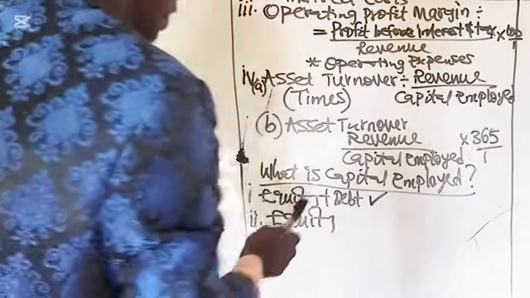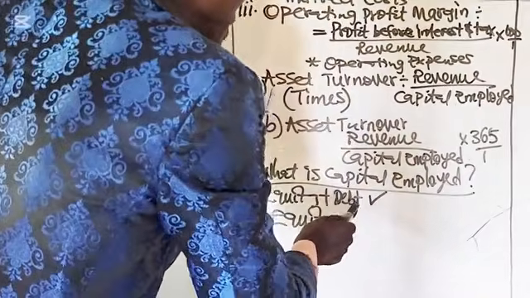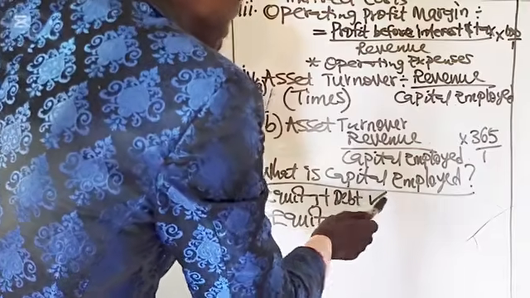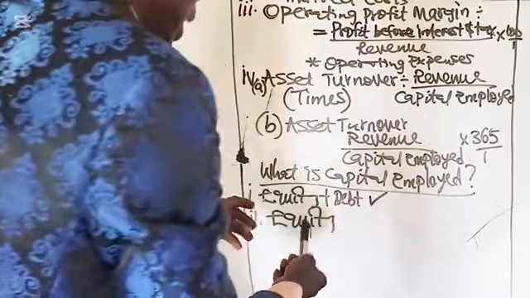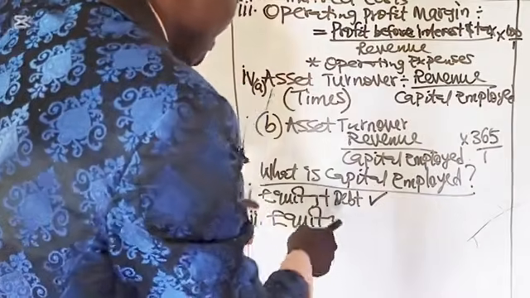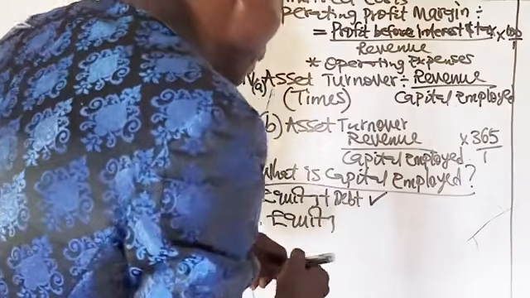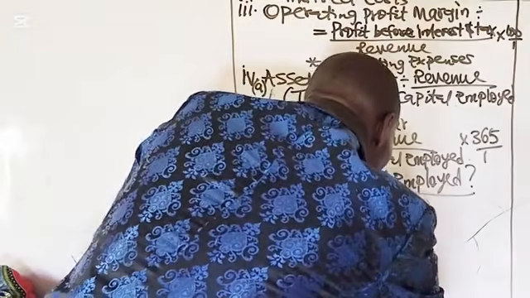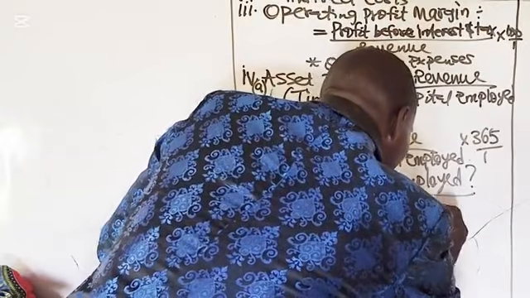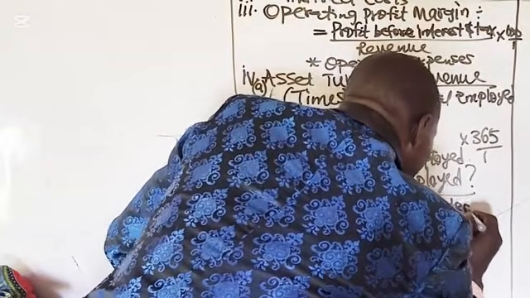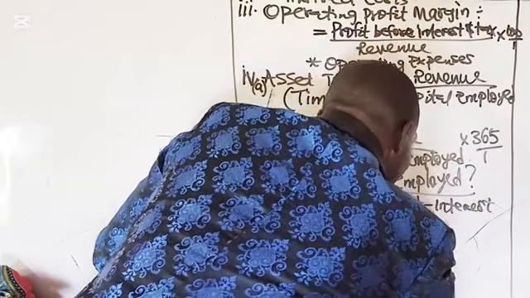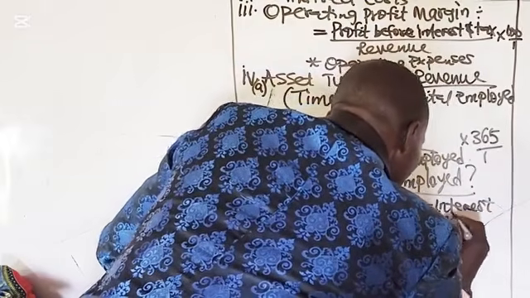And this definition is the same as total assets minus current liabilities. But if you have interest bearing debts as part of your non-current liabilities, those will have to be removed too. That is why it is better to say equity plus debt. But this debt must be interest bearing debt.